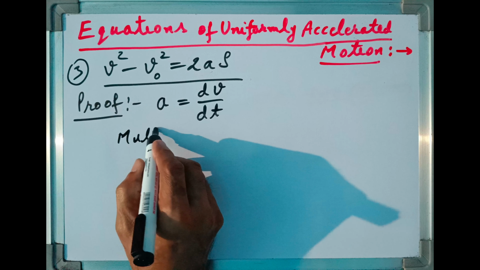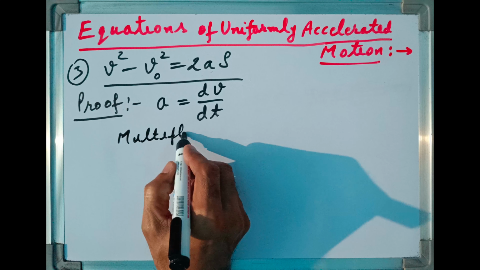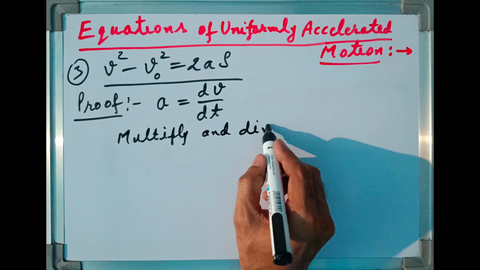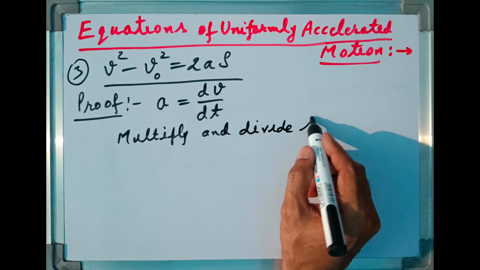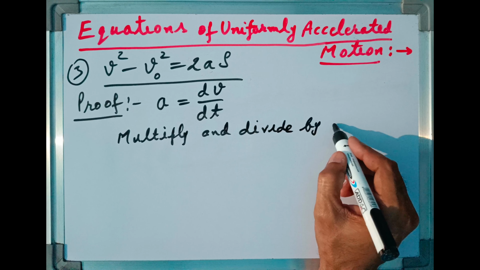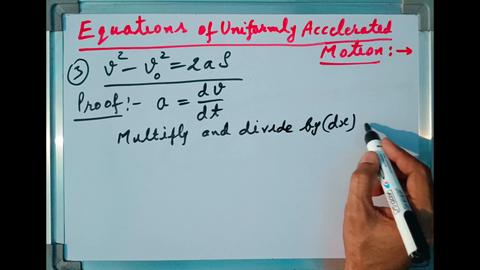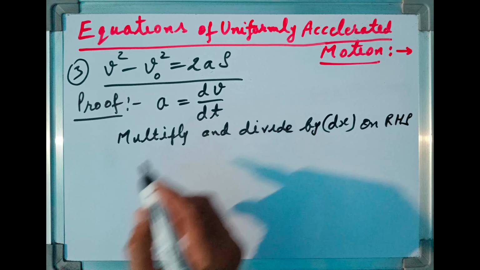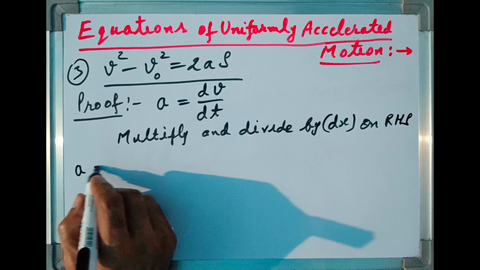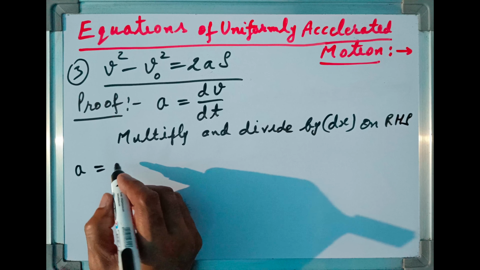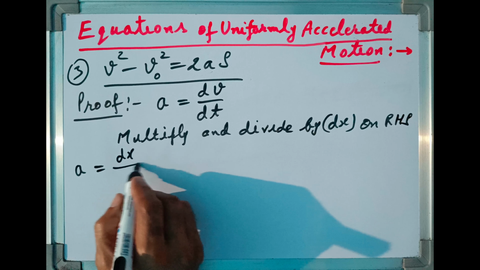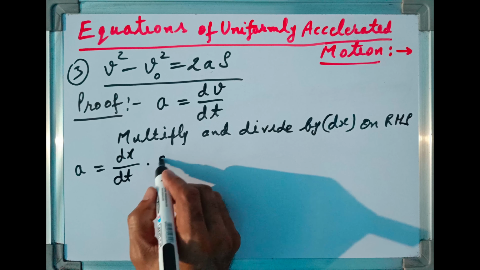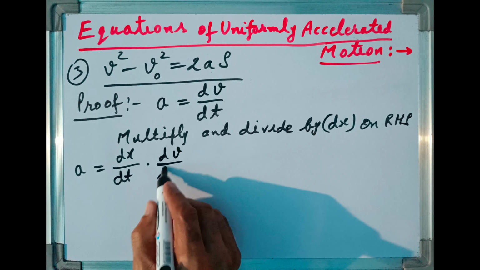Multiply and divide by dx only on right hand side of this equation. I can write a is equal to dx by dt multiplied with dv by dx.